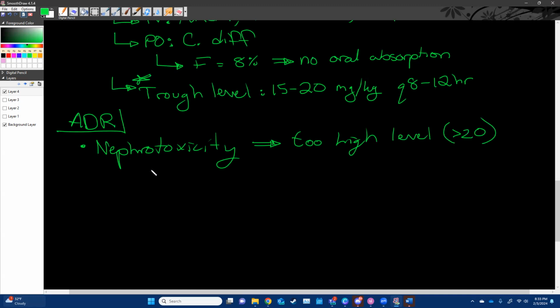And what you guys will learn in kinetics is how to calculate that dose. Of course, when we talk about these sorts of drugs, we also have to talk about ototoxicity. Again, this is associated with too high of a level, usually for an extended period of time.